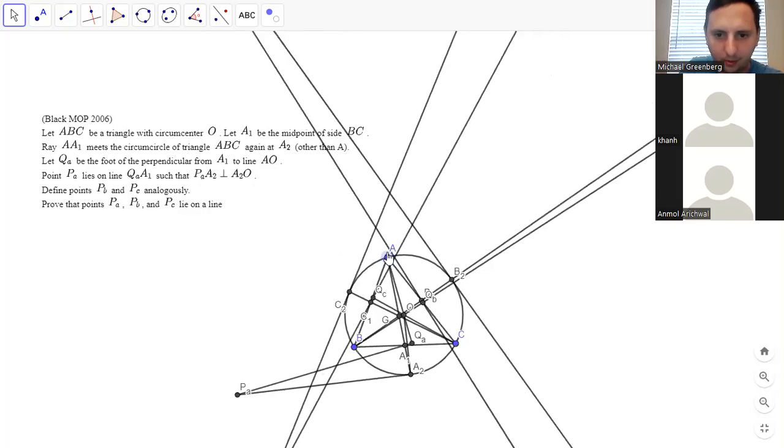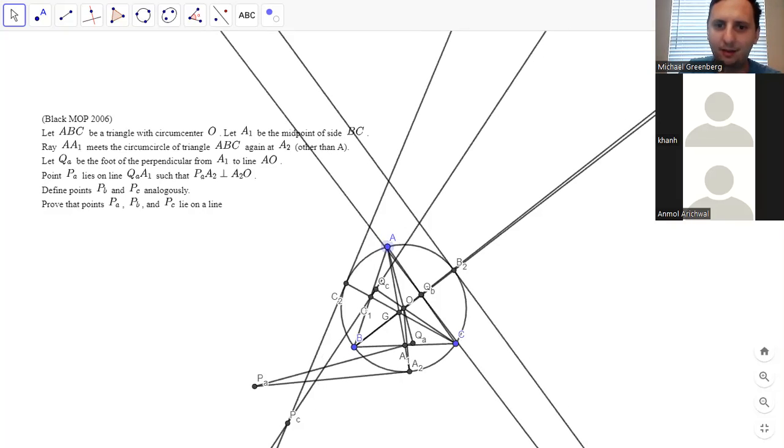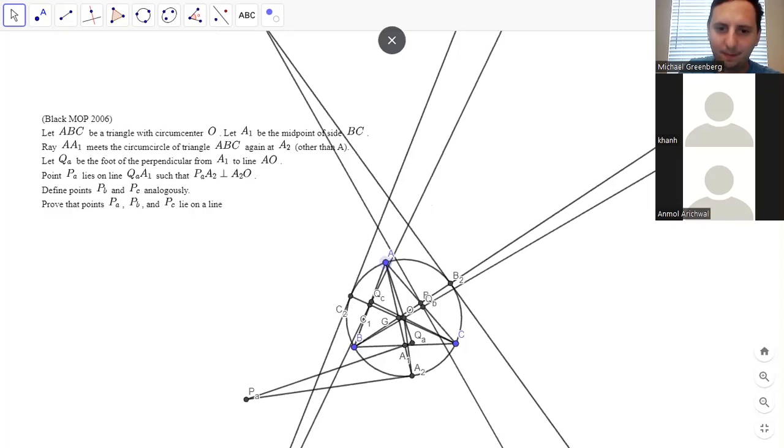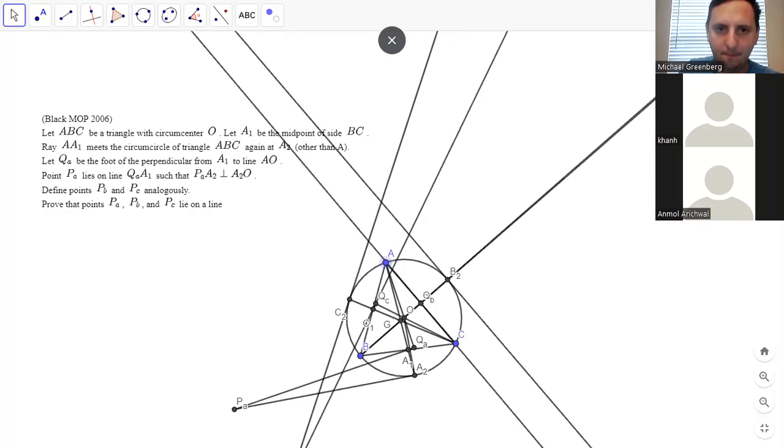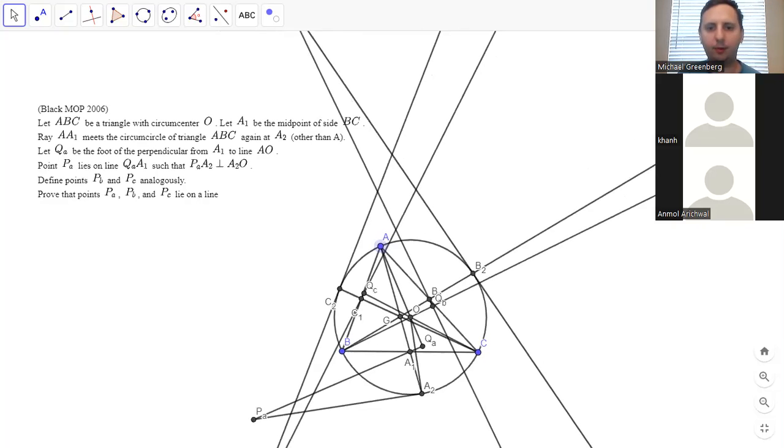Yeah, this is going to be hard. I might just have to draw two of them. Because otherwise the diagram just doesn't look good.